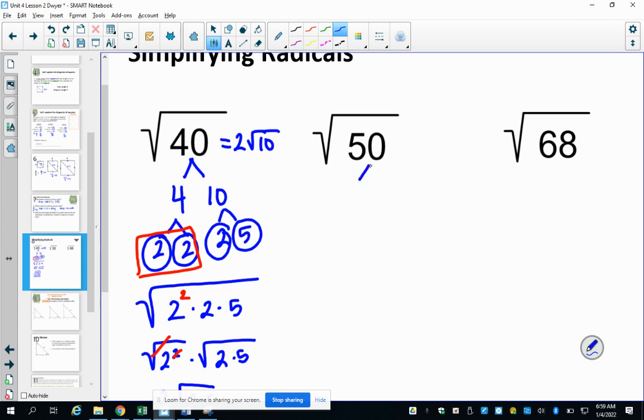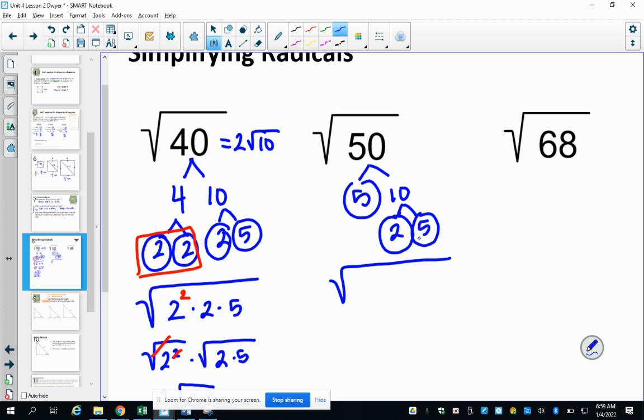For 50, 50 would be 5 times 10, and then 10 is 2 times 5. When I put this back under the radical, I want to pair the numbers up. I see that I have two 5s. I'm going to put those 5s together as 5 squared, because that's 5 times 5. And then I also have this other factor of 2.